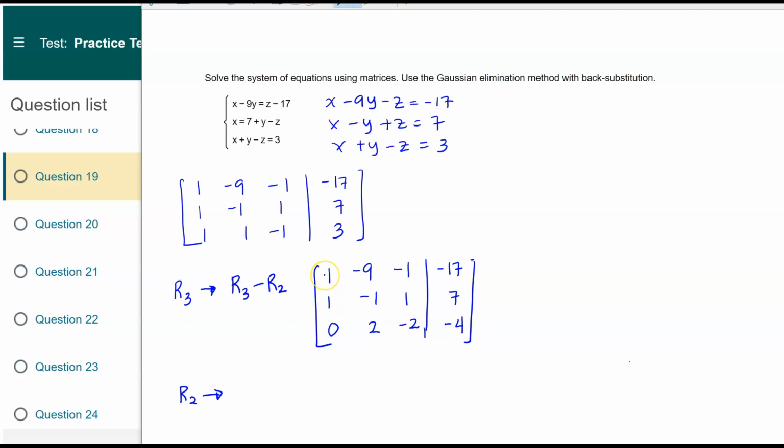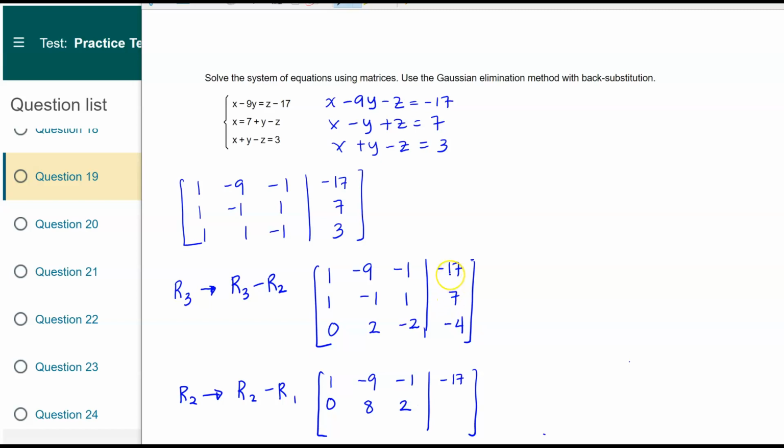So you copy the first row: 1, negative 9, negative 1, negative 17. And then you will have 1 minus 1 is 0. Negative 1 minus 9 is negative 8... actually positive 8 as written, and 1 minus negative 1 is positive 2.